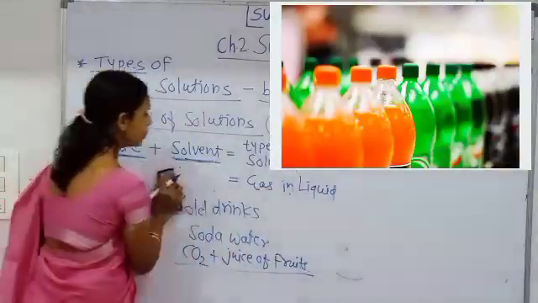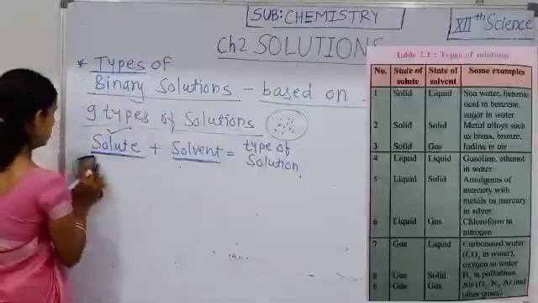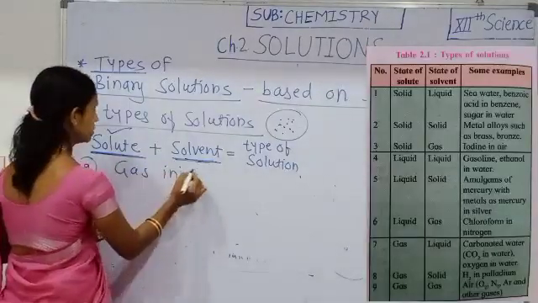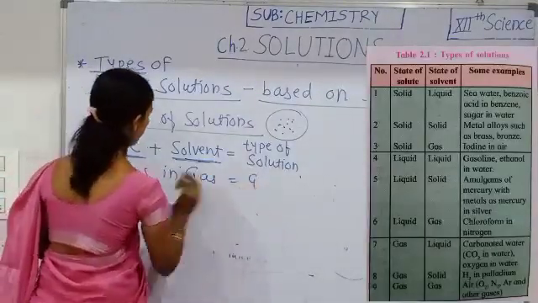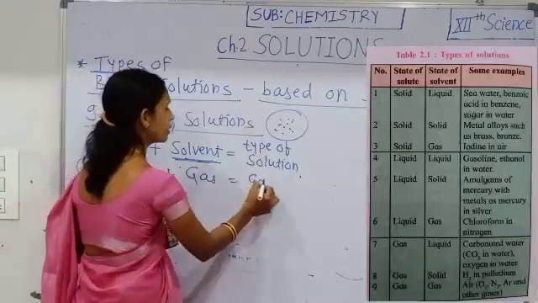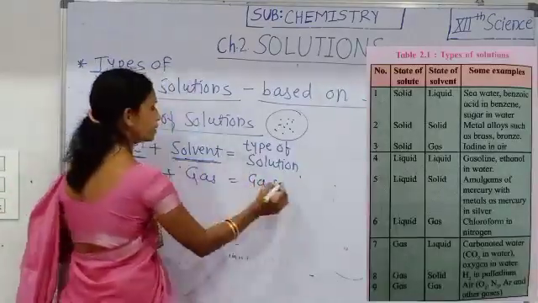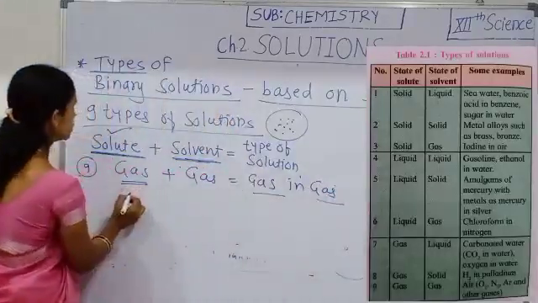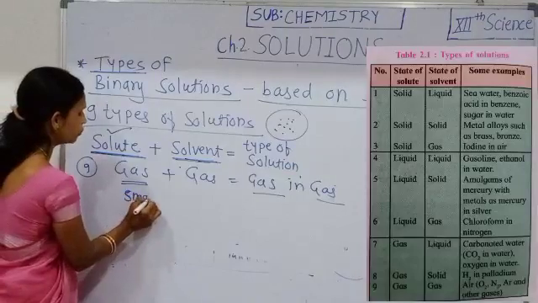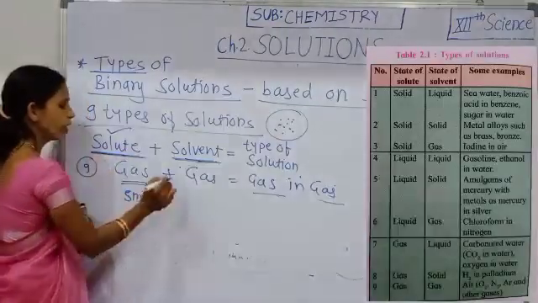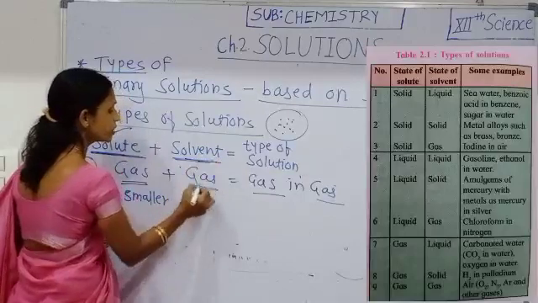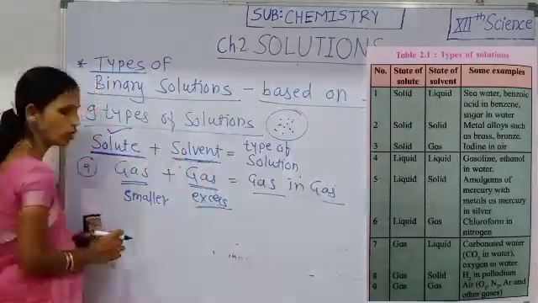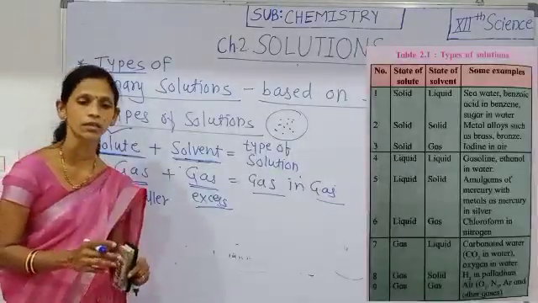And the last type is gas in gas type. In gas in gas, both solute and solvent are in gaseous state. The gaseous substance in smaller extent is known as the solute, whereas the gas present in larger or excess amount is known as the solvent.